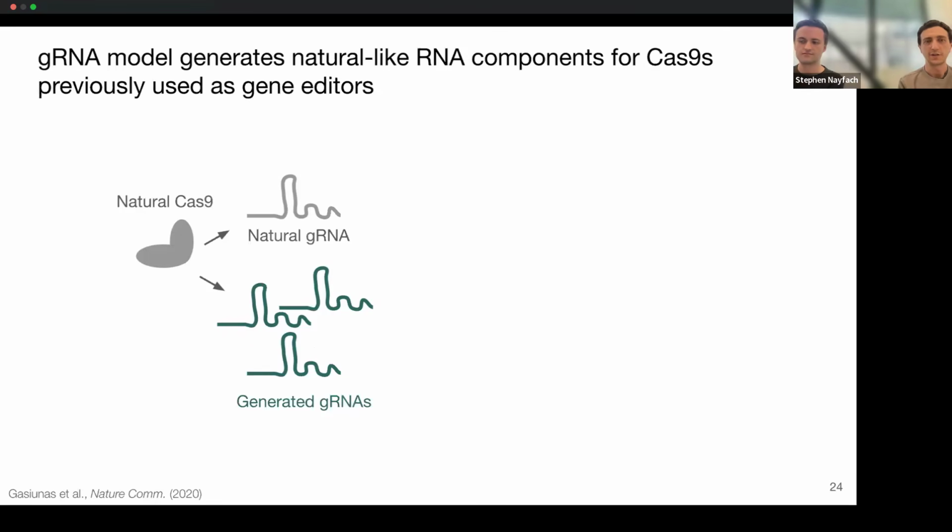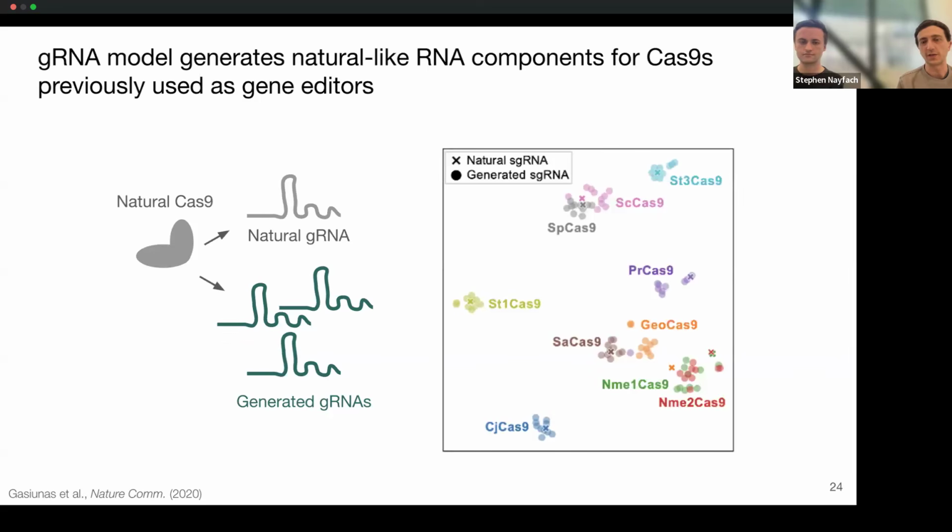Great. So to convince ourselves that these generated guide RNAs are realistic, we conducted several experiments. The first was to conditionally generate guide RNAs using a set of 10 natural Cas9s that had been previously used in genome editing applications.